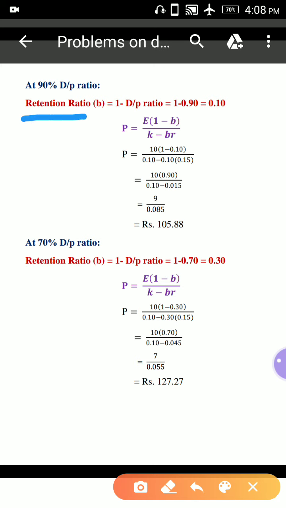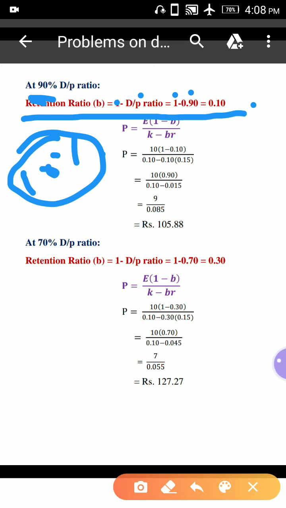Look at the retention ratio: 1 minus dividend payout ratio. So 1 minus, what is the dividend payout ratio? 90%. 90% means 0.90. So the retention ratio is 0.10, that is 10%, because 90% they are distributing in the form of dividend and the remaining 10% is called retained earnings.